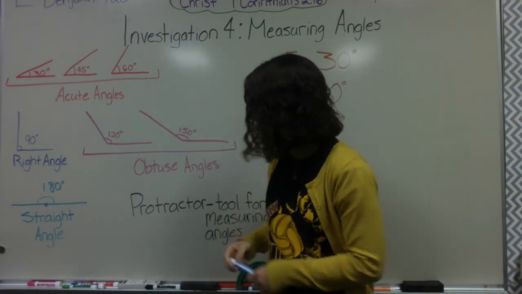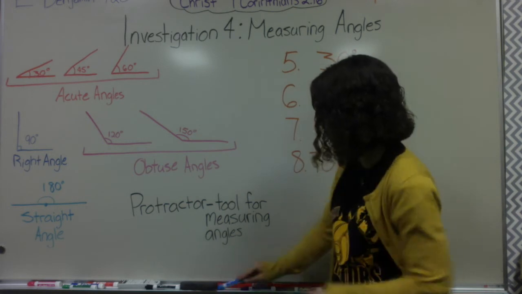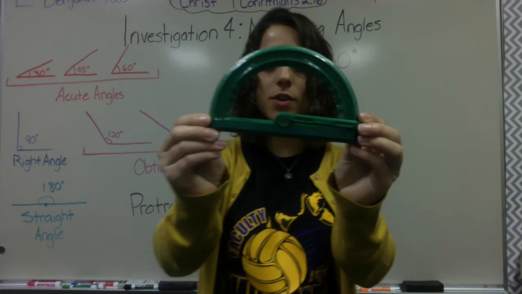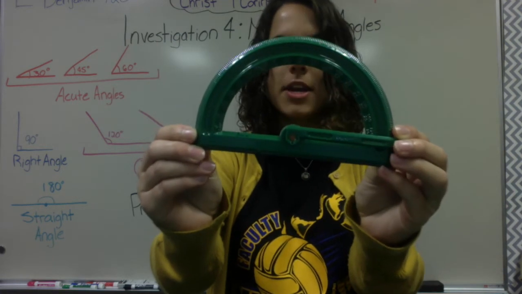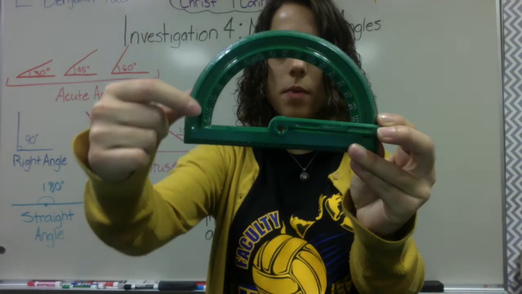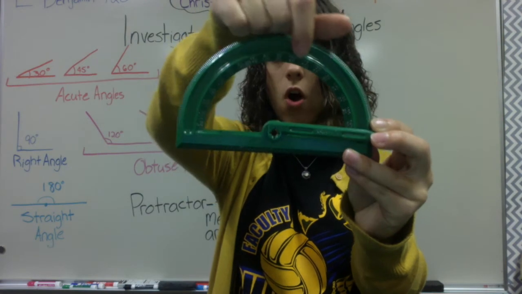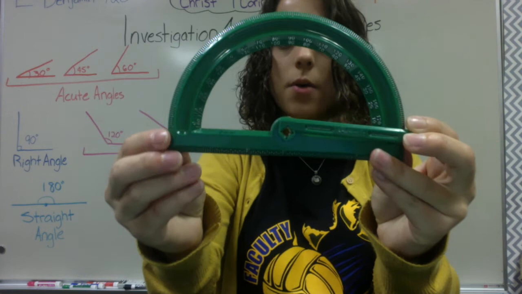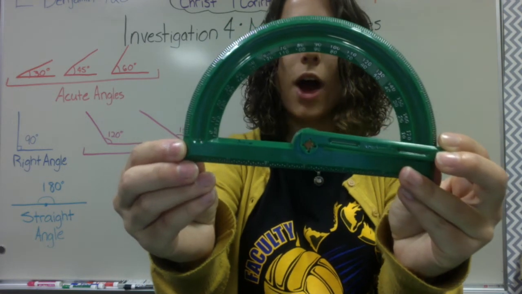All right, so now the protractor, which I already mentioned to you, is a tool that we use to measure angles. Now these are very important. As you can see, you have many numbers all the way around your circle. You have everything between 180 and 0, and you have each number twice.